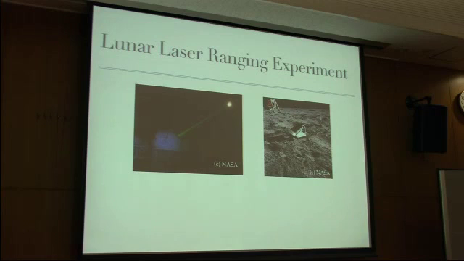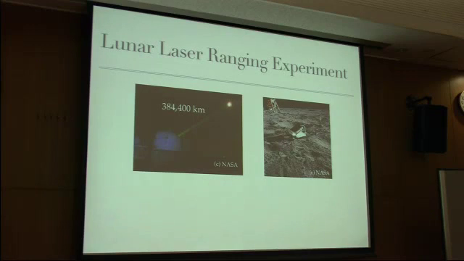The first reflector was positioned on the Moon in 1969 by, maybe, the Apollo 11 astronauts. Using the laser, they measured the distance. It's about 384,400 kilometers. It's very accurate.